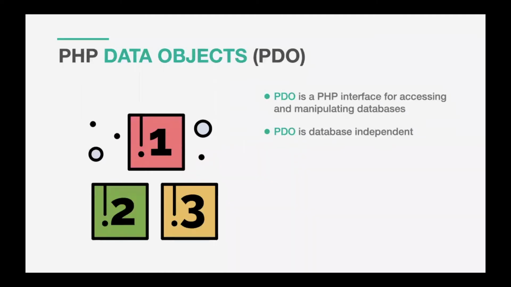So with PDO, we can use MySQL, we can use SQLite or SQL Server or DB2, anything that has a driver for PDO can be used, and there's many of them. That's one of the advantages of PDO as opposed to the other popular database interface, which is MySQLi, which is specific for just MySQL databases.